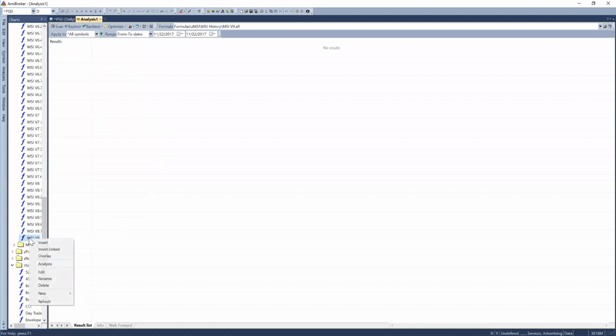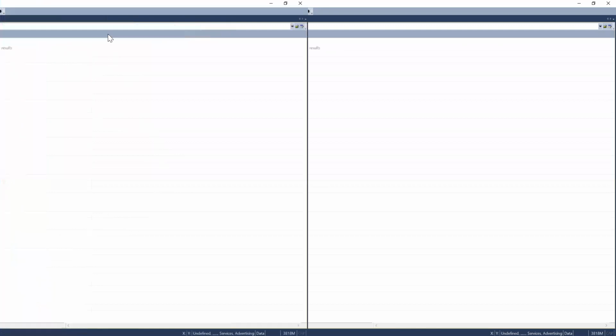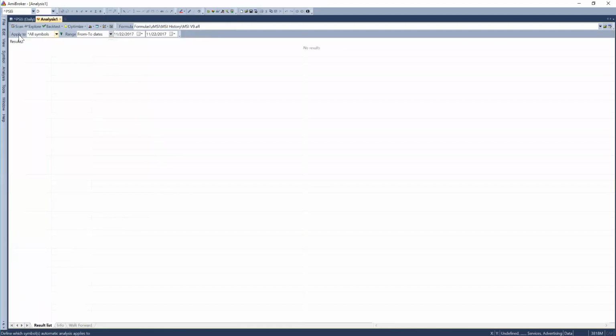So you have to go to the formula, right click, and then click on analysis. Make sure that this one will apply to all symbols and yung range niya from and to dates. And then the date kung kailan nyo gustong i-analyze yung data. Okay?